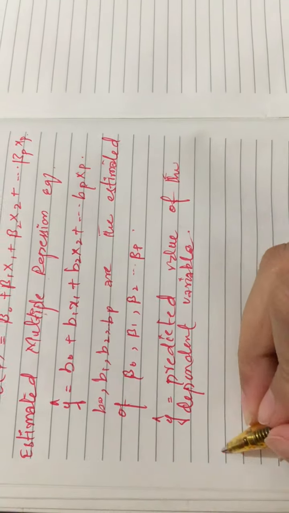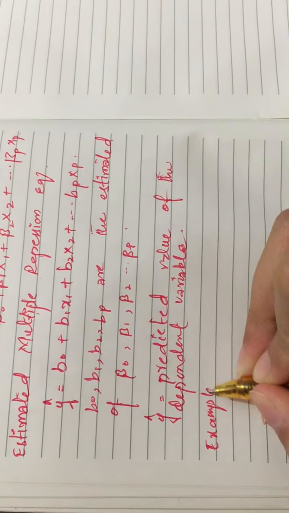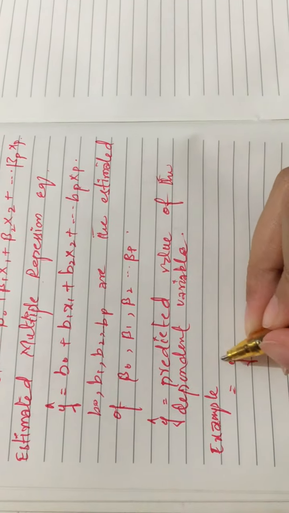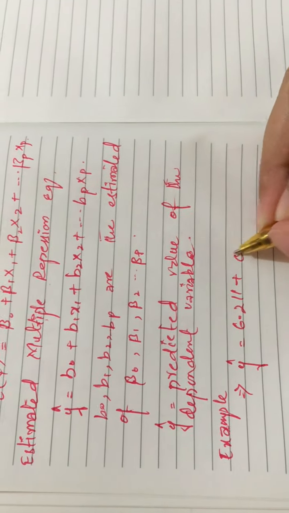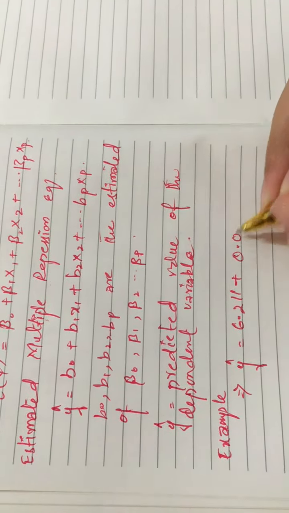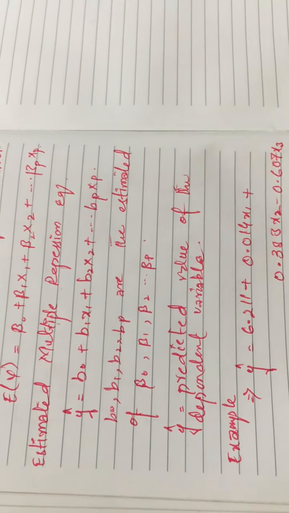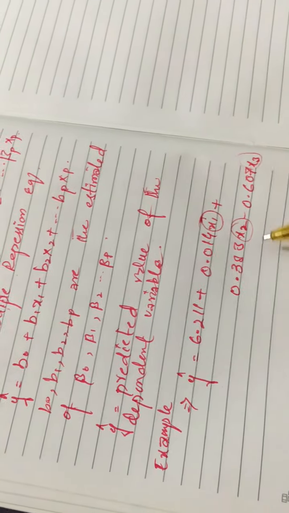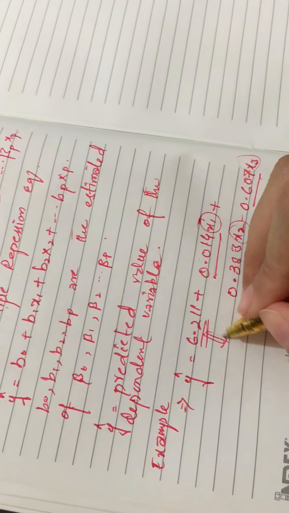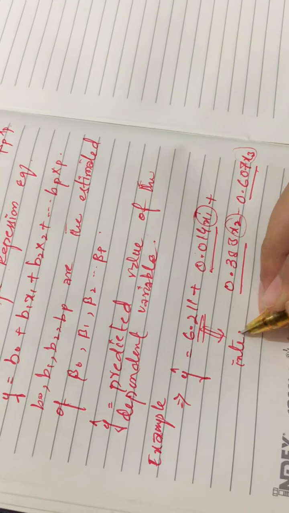So I'm taking some example here, as we have an example in the form of y cap, that is 6.211 plus 0.0 x1 plus 0.383 x2 minus 0.607 x3. So here we have x1, x2 and x3, these are the variables, and these values are basically the coefficients, and this is basically the value of the intercept.